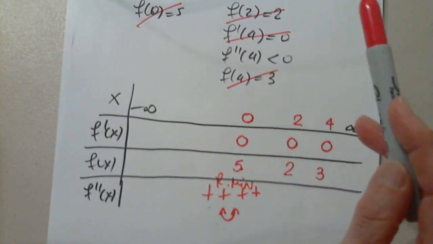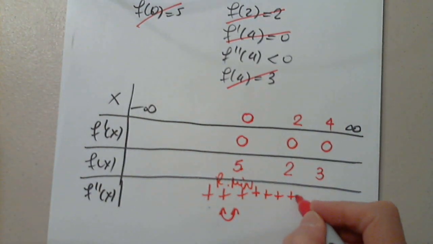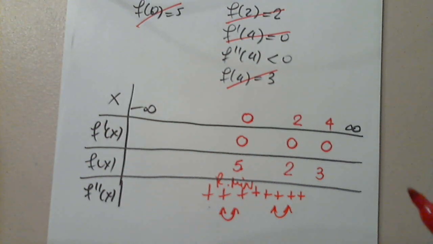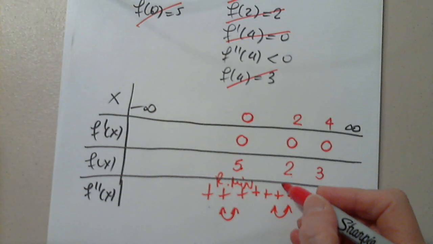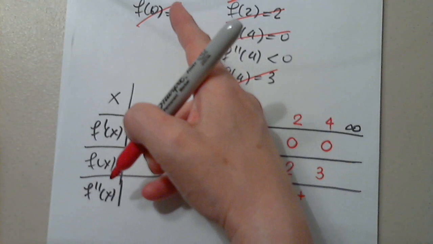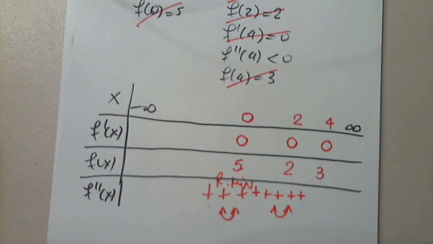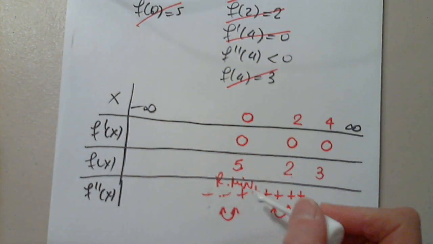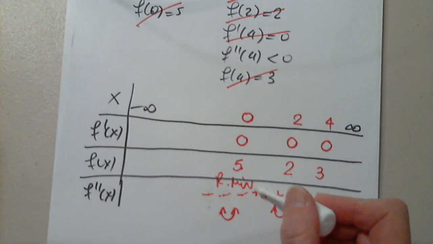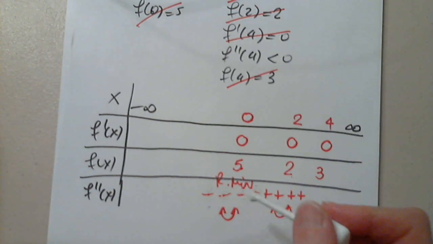F double prime at 2 is positive. What type of point is 2, 2? See, I copied something else. It says negative, and I copied positive. That's why I heard relative maximum, and that was correct. But I copied positive. Sorry about that.